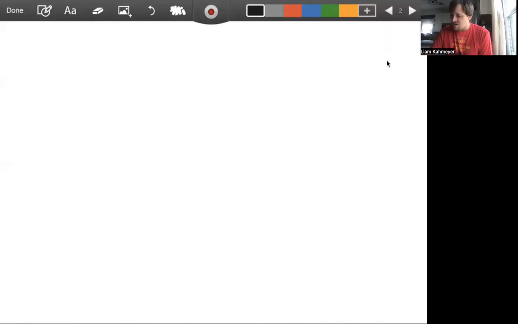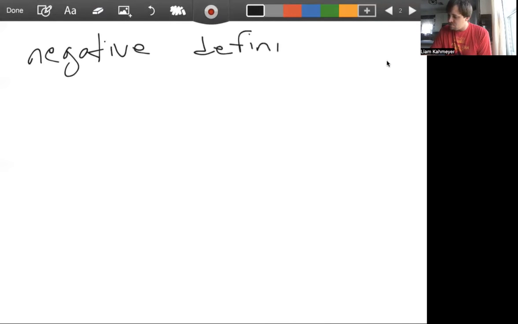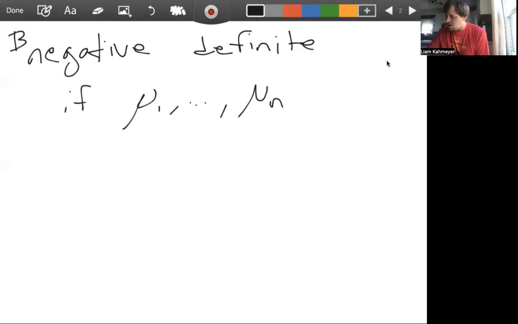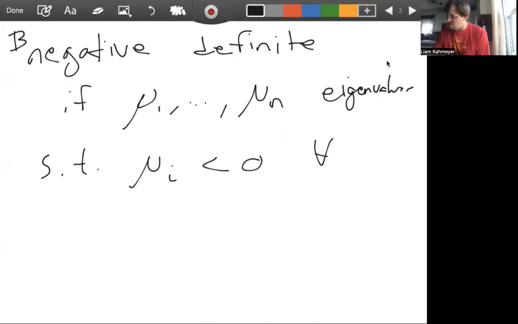If you can believe it, we define a negative definite matrix, let's just say B is negative definite, if, let's say it has eigenvalues mu 1 through mu n, such that mu i is less than 0 for all i from 1 to n, right?